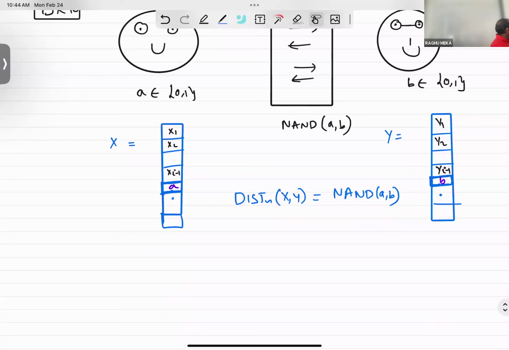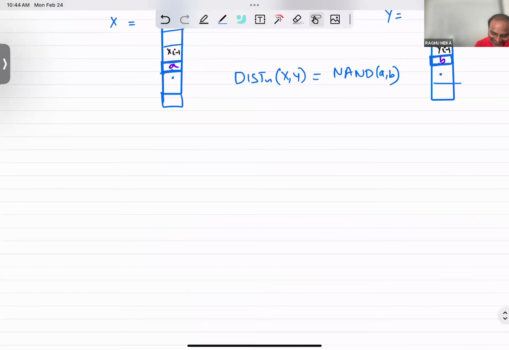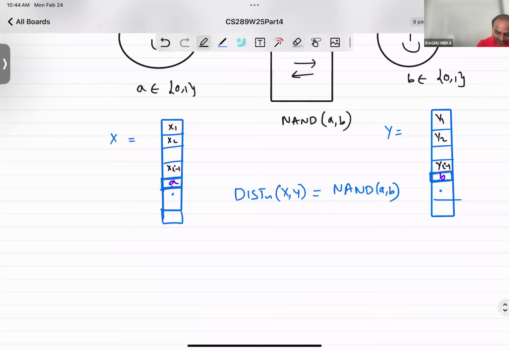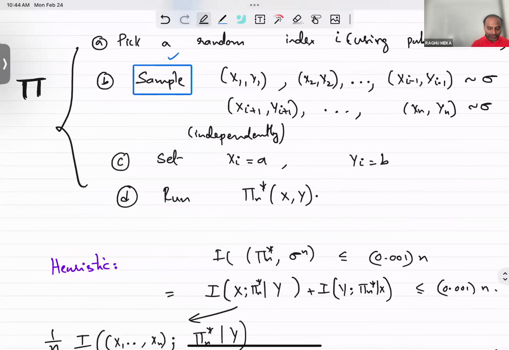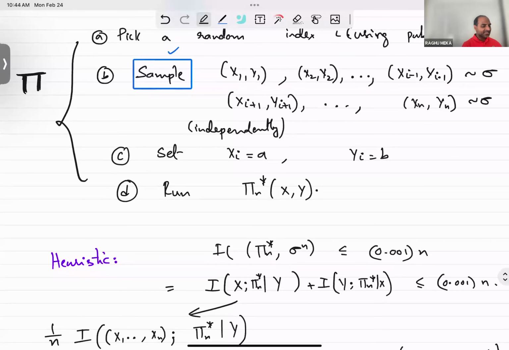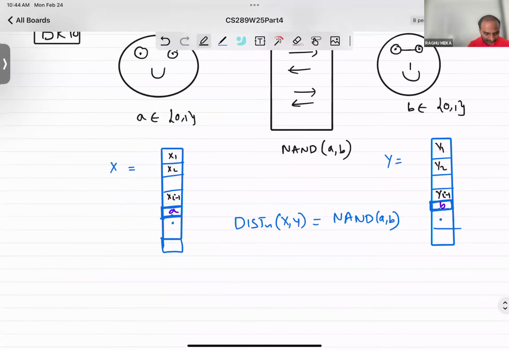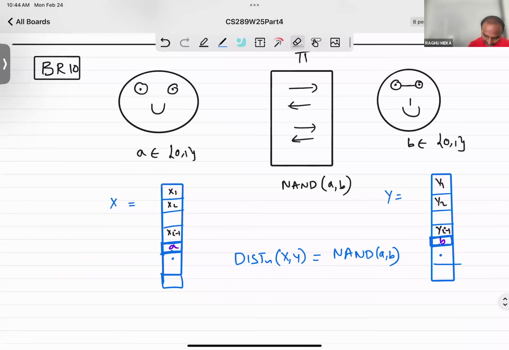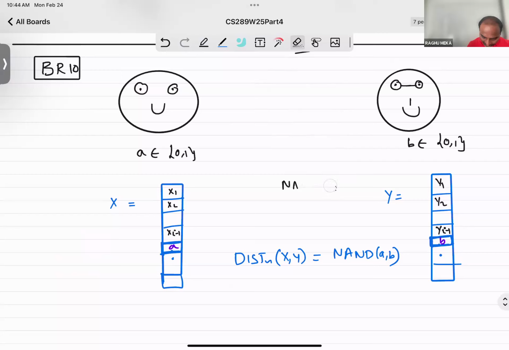Right. So what is my new protocol going to be? It's going to be somewhat similar, right? Except with some very clever twist. So we'll have these steps as before. We have 4 steps here, right? Except the sampling part will be a little bit more nuanced. How so? So let me erase this and talk about the sampling thing fully.